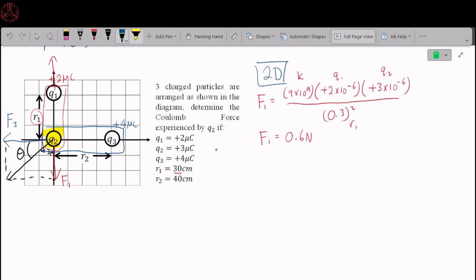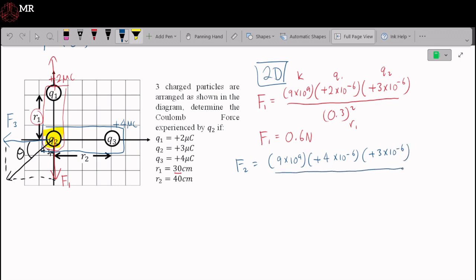So moving on, I want to look for F2. Again, F2 will have 9 times 10 power of 9, and then I have Q3 instead. So I'm going to have positive 4 times 10 power of negative 6. And then I have Q2, which is positive 3 times 10 power of negative 6.